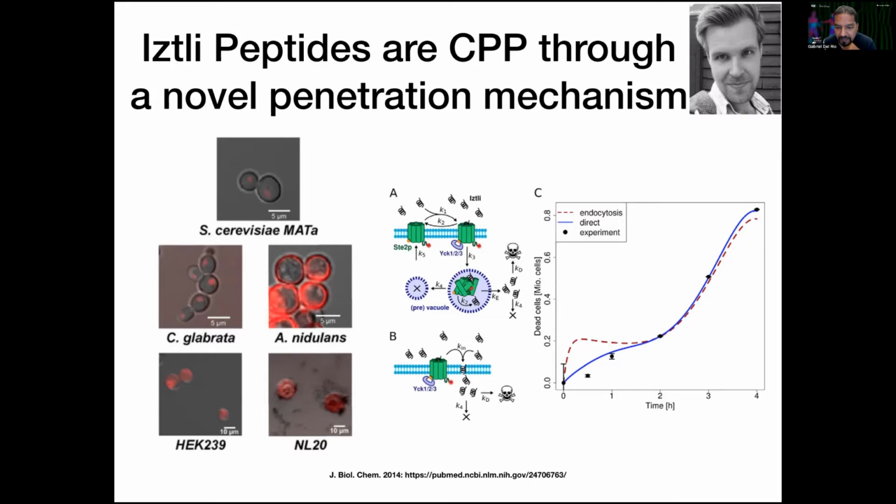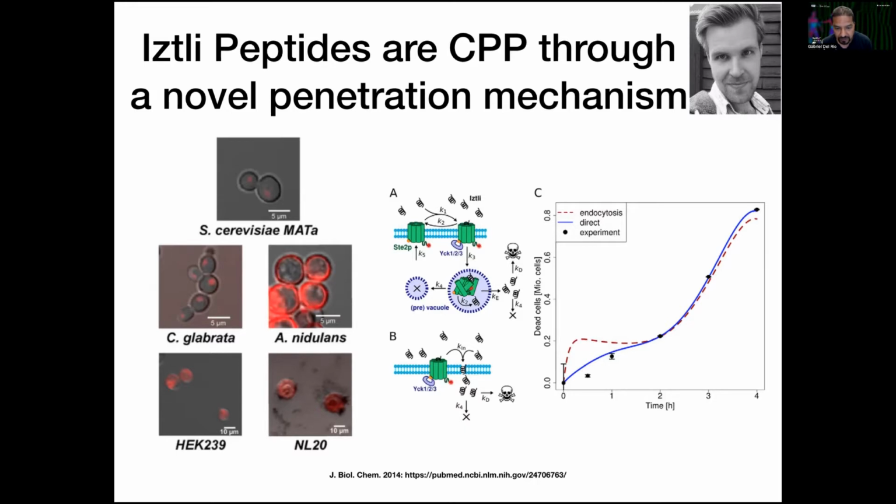The first model behaves like the red line depicted in this right side image. But the actual data, which is seen in this image with the black circles, is best described by the second mechanism. That is a mechanism that doesn't require endocytosis. We did experimental testing of this idea, and we were able to show that there was no endocytosis mediating this mechanism of action.